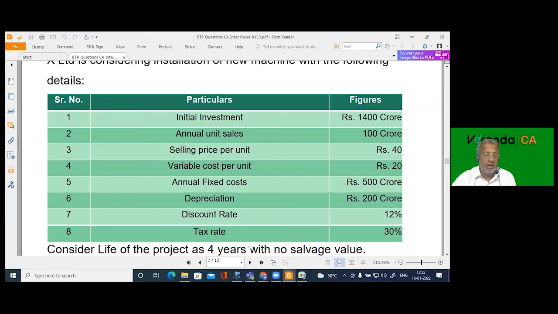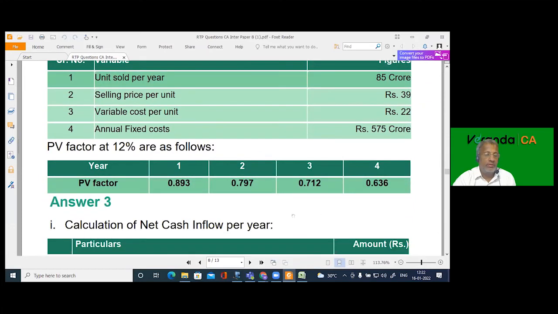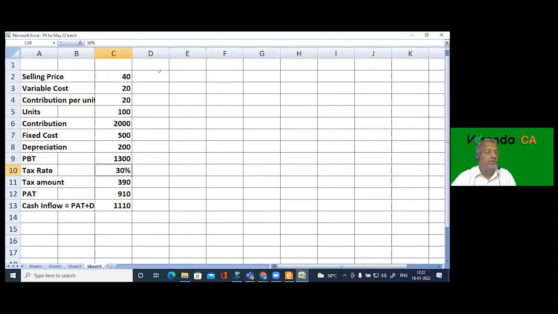It will have 4 years of life. So annuity factor, year number 1, 2, 3, 4. Present value factor at the rate of 12%, from 1 divided by 1 plus.